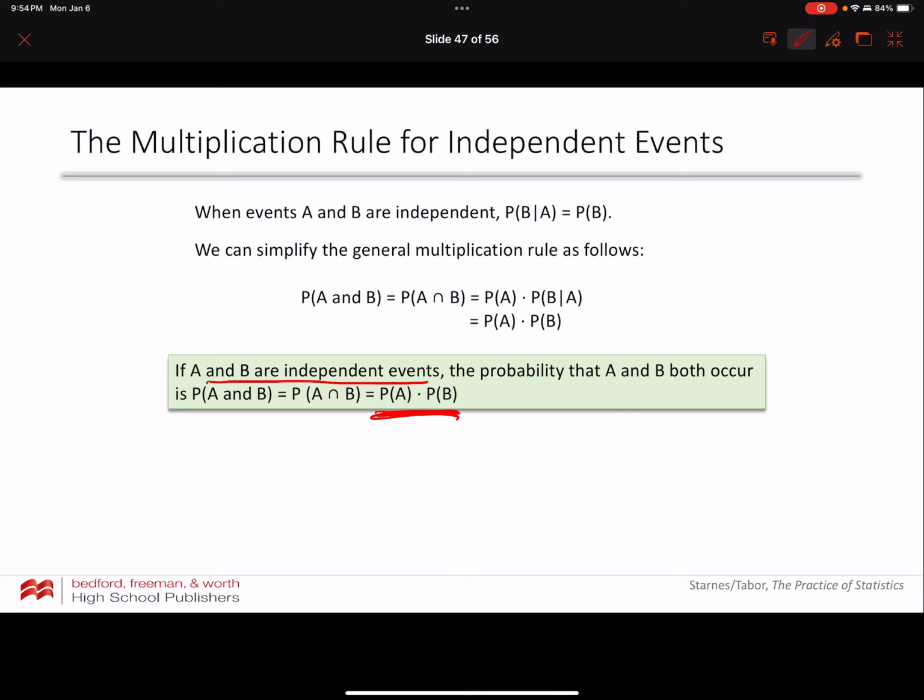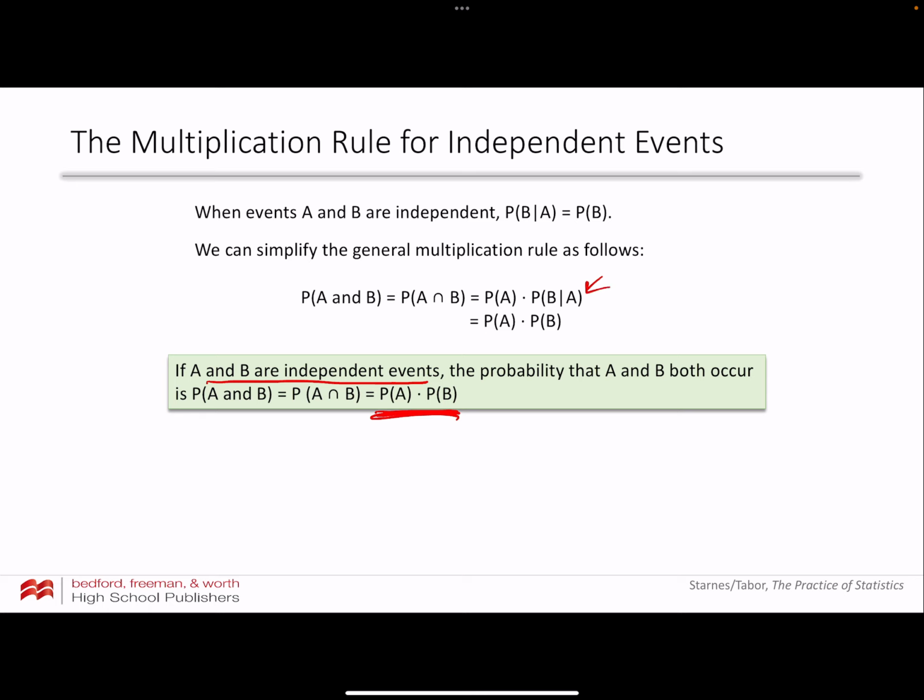A or B, you add only if the events are disjoint, right? The probability of A and B, you multiply only if the events are independent. If they're not independent, you have to multiply A times the conditional probability, right? Okay, so this new formula is only true for independent events.